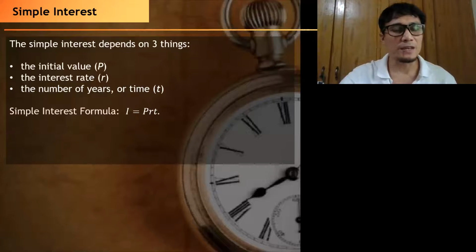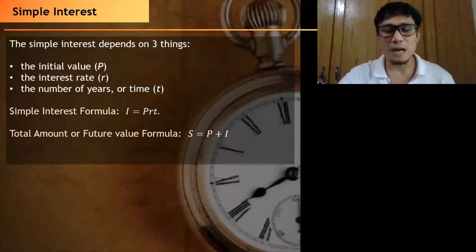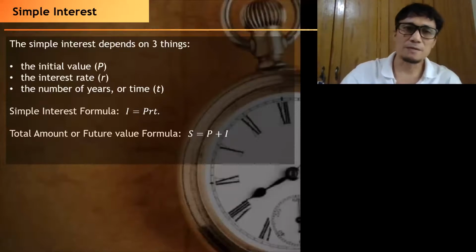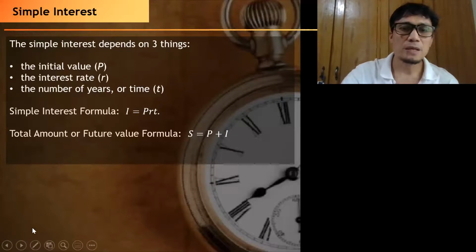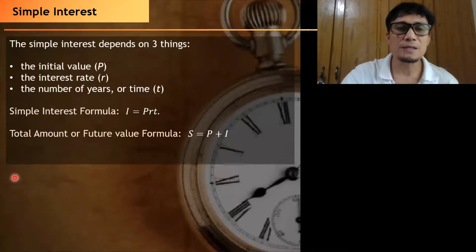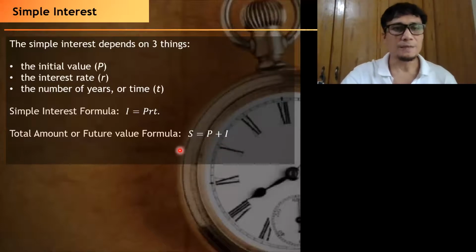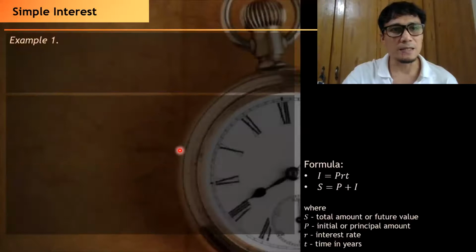That's why another formula here is for the future value, or for the total amount, which is given by S, that's our notation for the total amount or future value, S equals principal amount plus interest earned. Now, let's consider some examples to illustrate this idea.